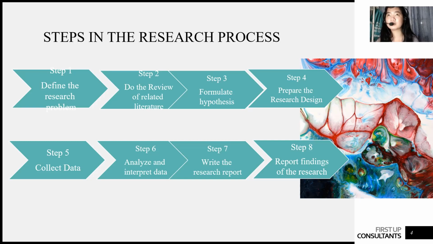Then you put, for example, that majority of the respondents answered yes, since majority of them agreed that online distance learning can help improve their academic performance. That is an example.